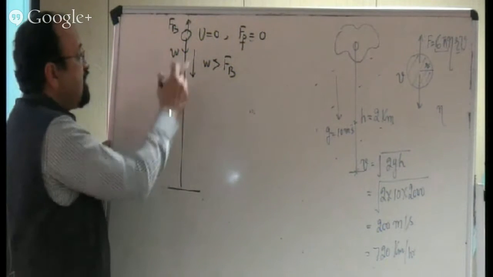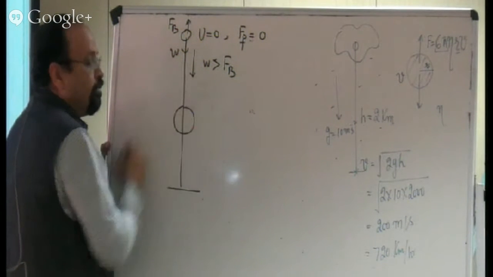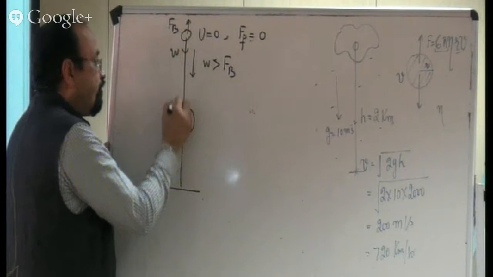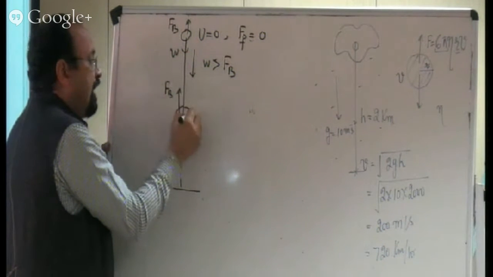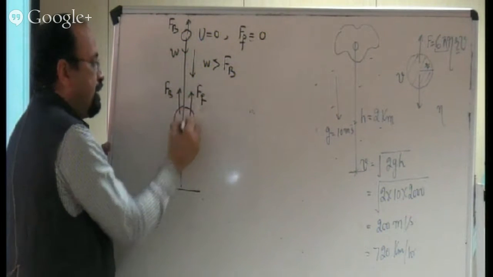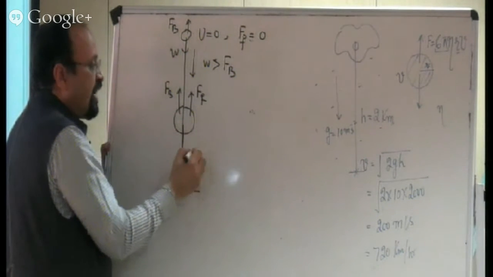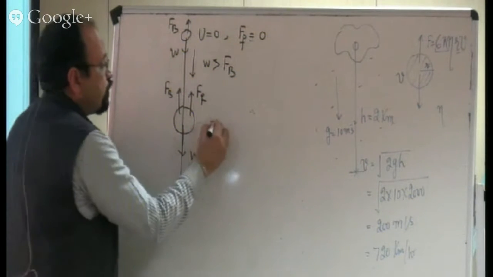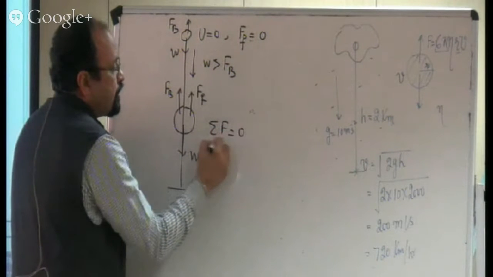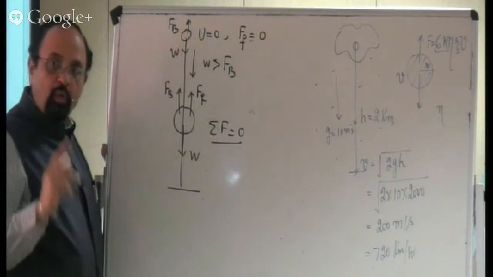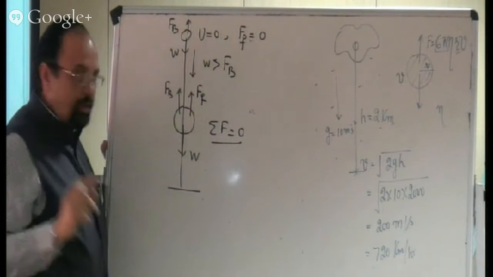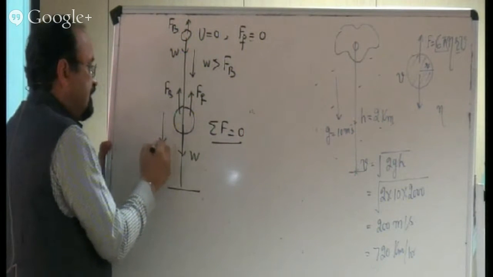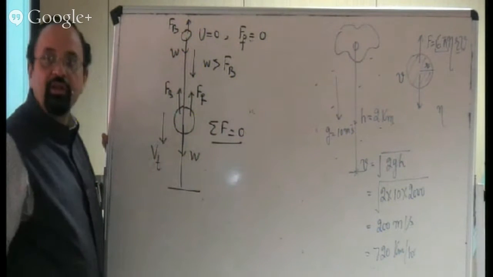When its velocity increases to such a value that the buoyant force and the force of friction acting on it are balanced by the weight, the total force on it will become 0. That is what we call equilibrium. Whatever is the velocity then, we call this velocity the terminal velocity.